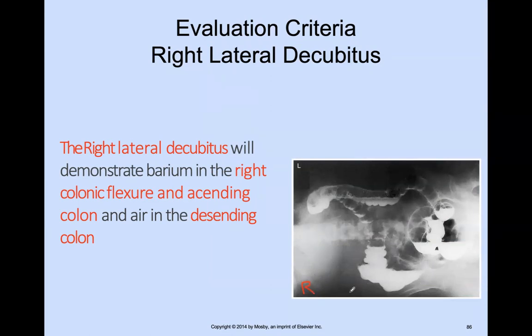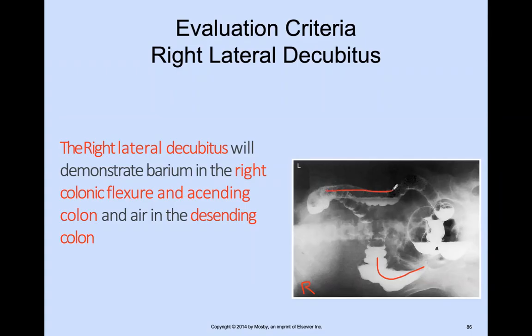Remember, fluid settles, air rises. So the right lateral decubitus is going to demonstrate barium in the right colic flexure, as you can see here, and ascending colon, and air in the descending colon.